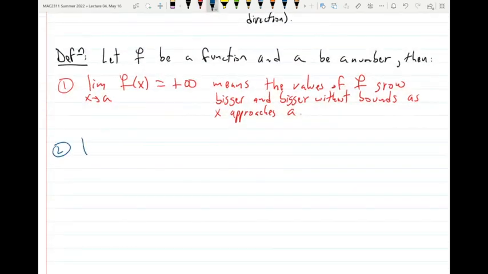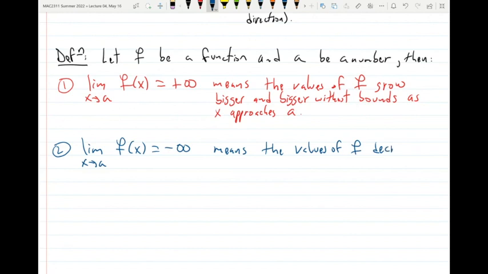And then similarly, if the limit as x approaches a of f of x, whenever we write negative infinity, it means that the values of f decrease without bounds.